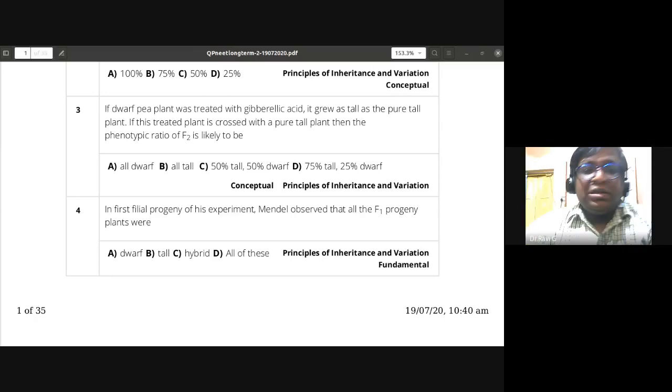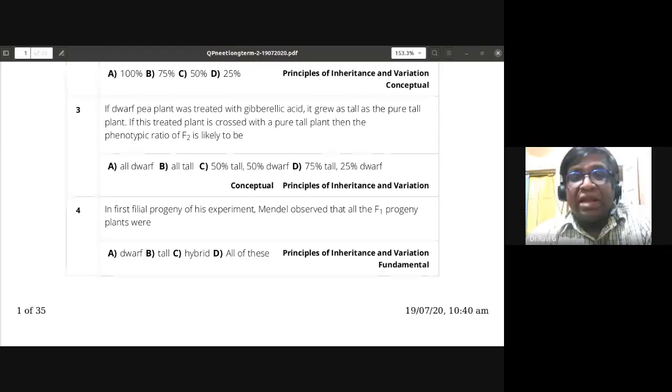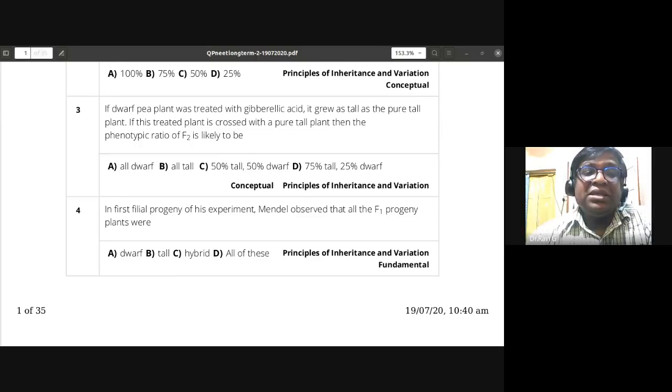The dwarf plant was treated with gibberellic acid and grew tall as the pure tall plant. Phenotypic is based on external attributes. So it would be 75% tall, 25% dwarf. D is the answer for that.